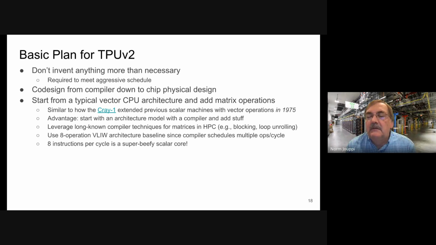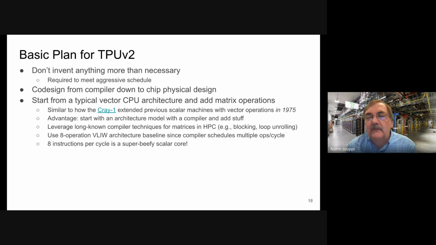And we wanted to heavily leverage a compiler because ML workloads are a lot more deterministic than other kinds of workloads in general. Not a whole lot of branching going on. We used an 8-instruction VLIW baseline.